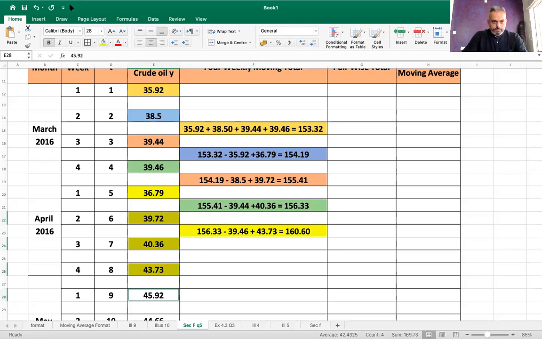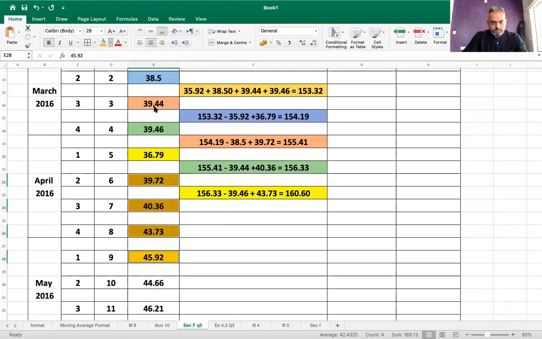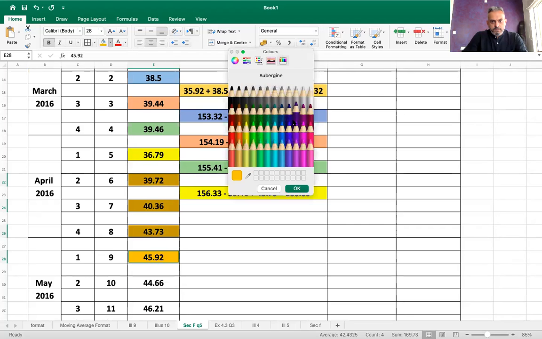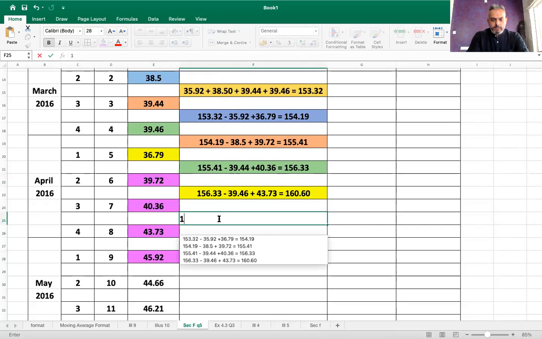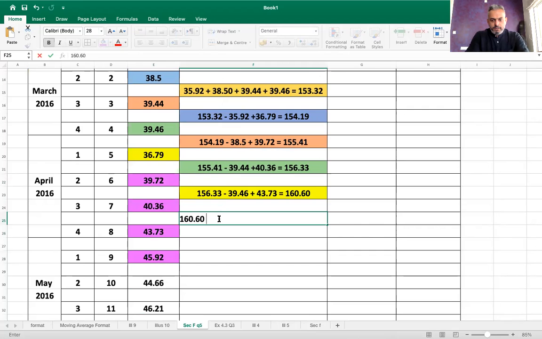Then 2, 3, and 4. Now again in the center, so 160.60 minus 36.79 plus 45.92, which is equal to 169.73.